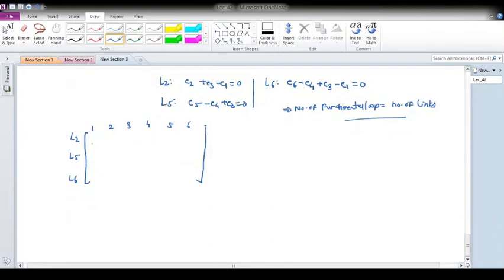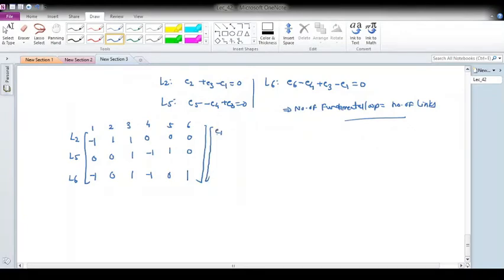For L2: E1 is minus 1, E2 is plus 1, E3 is plus 1, and 4, 5, 6 are 0. For L5: 0, 0, 1, minus 1, plus 1, 0. For L6: E1 is minus 1, E2 is 0, E3 is plus 1, E4 is minus 1, E5 is absent, E6 is there, so plus 1.